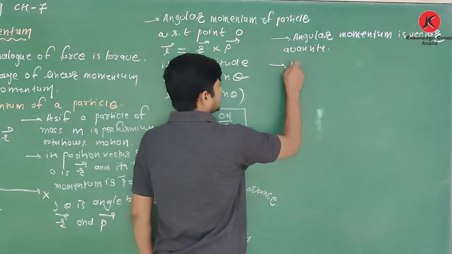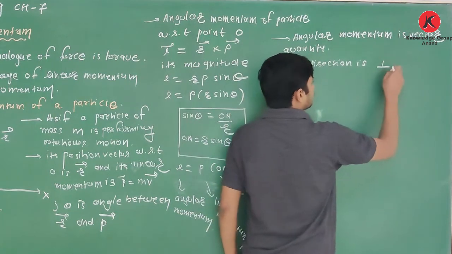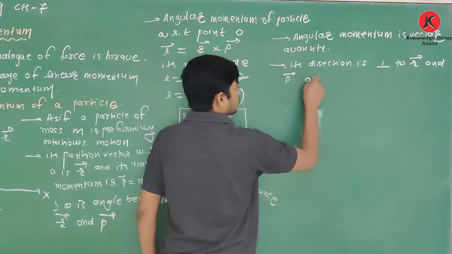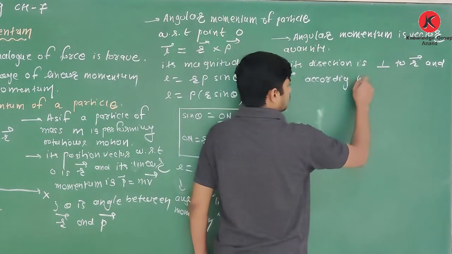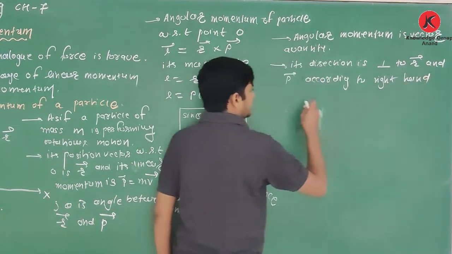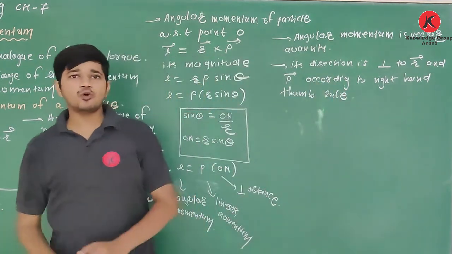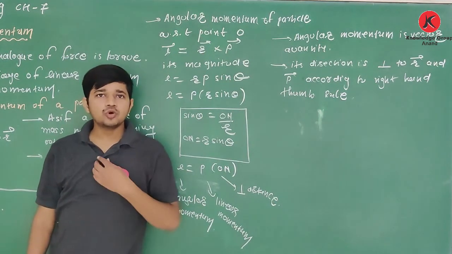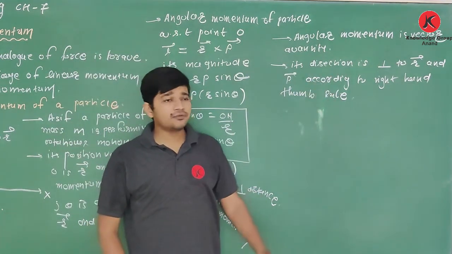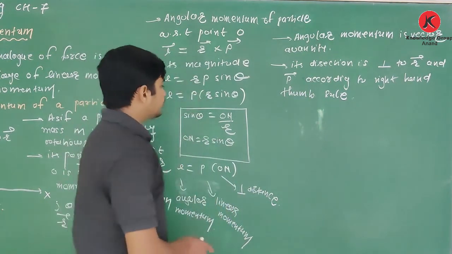Its direction is perpendicular to R and P according to the right hand thumb rule. What is the right hand thumb rule? You already know that. So its direction is perpendicular to the plane of R and P according to the right hand thumb rule. Clear about this?